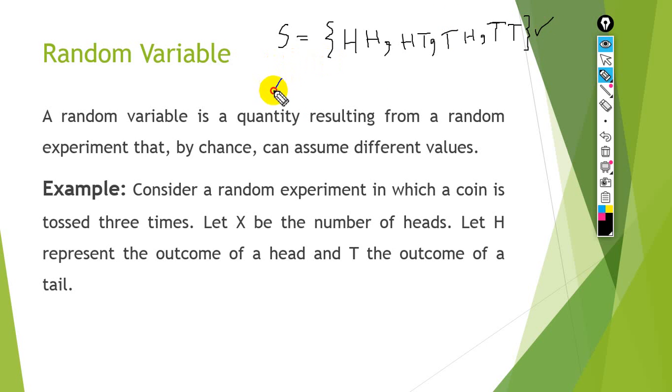So here I am taking a random variable in which head appears once. I will take X. X, the capital letter, represents the random variable. X is equal to, so here only one H appears, just here and just here. So the H has appeared once.